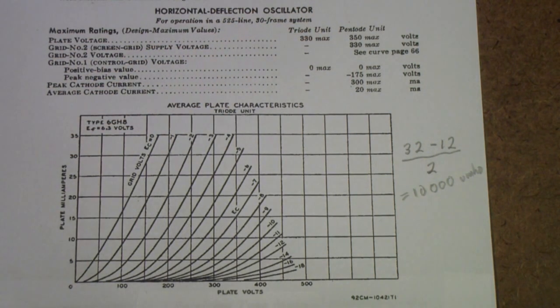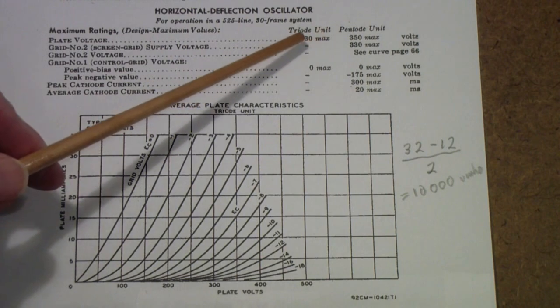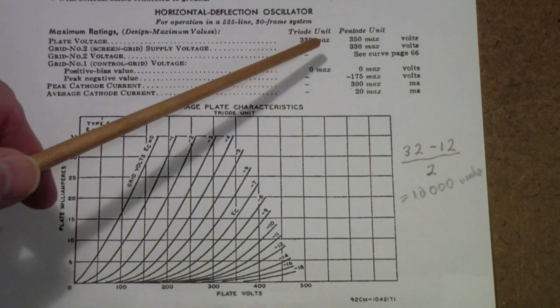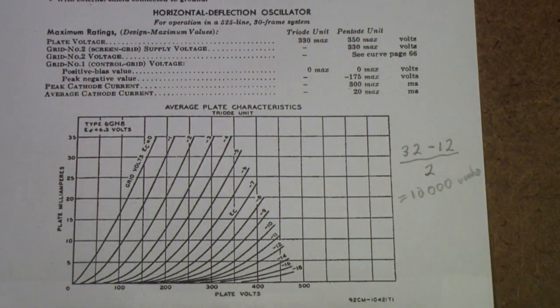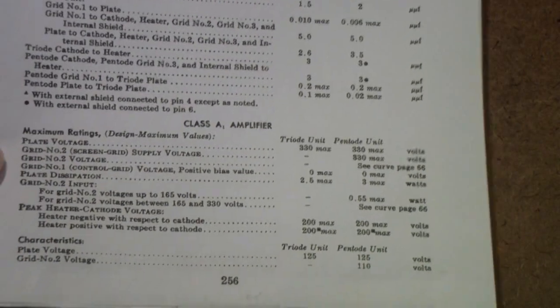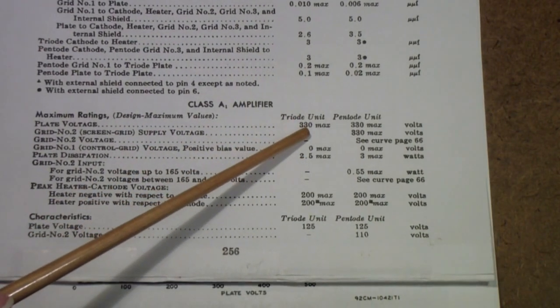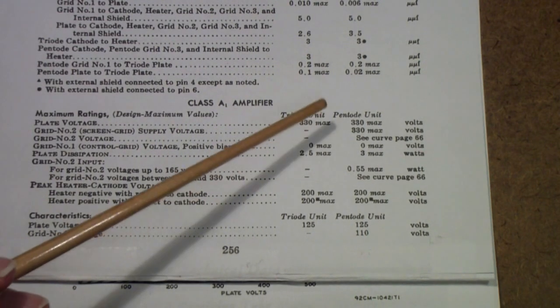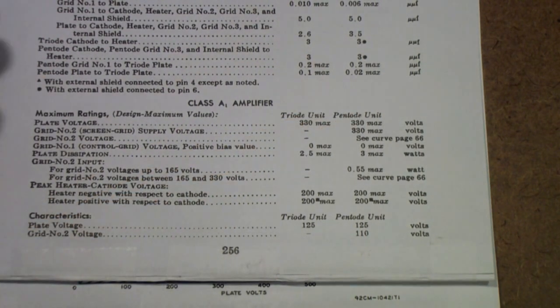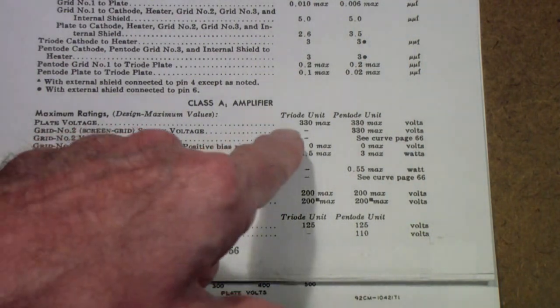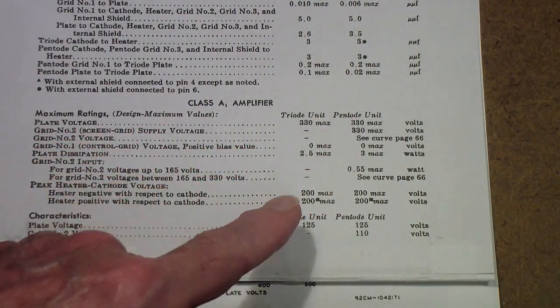Notice that the triode has a 330 volt maximum plate voltage and the pentode a 350. Contrast that with the 6U8, 330 on the triode unit and 330 on the pentode unit. So the plate voltages are comparable.